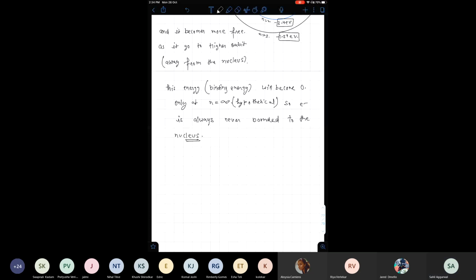But when some external energy greater than or equal to the binding energy is applied to it, then the electron can eject out.